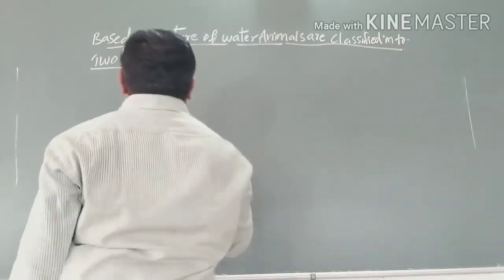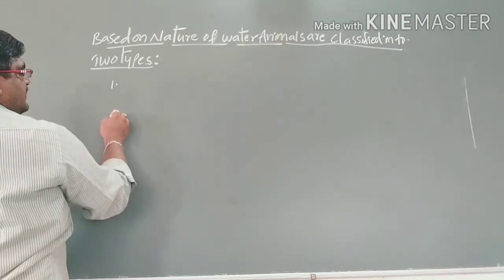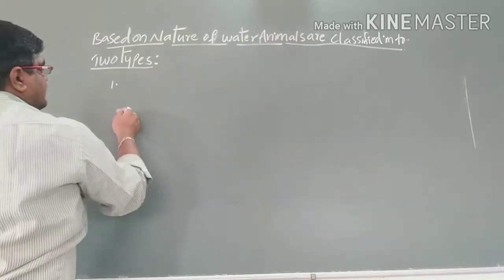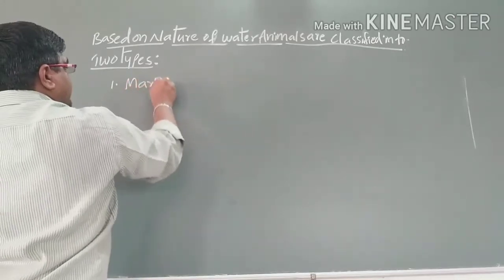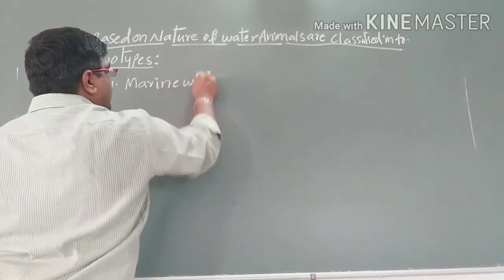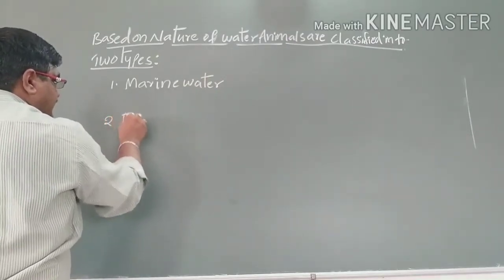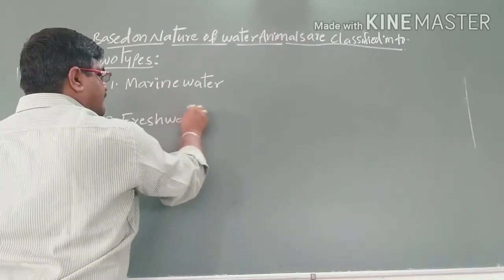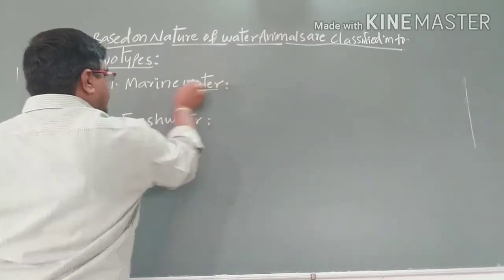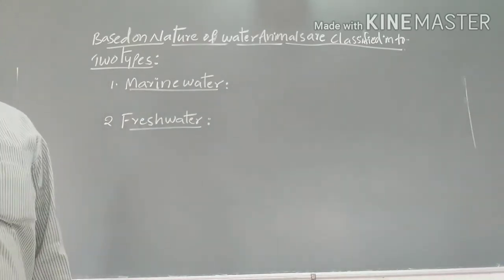So what are these two types? The first one is the sea, that is the marine water, and the second one is the fresh water. The marine water as well as the fresh water.